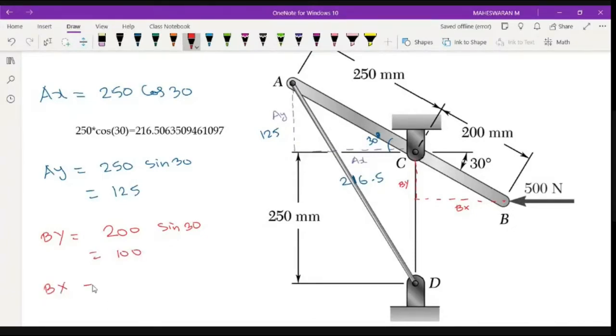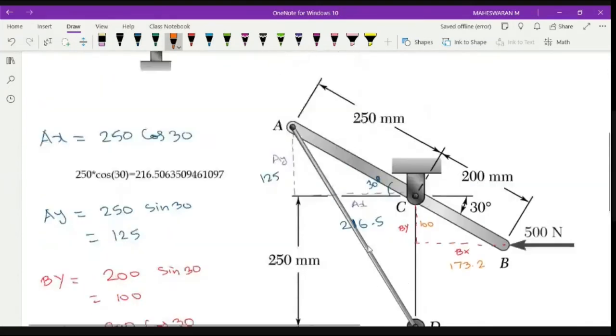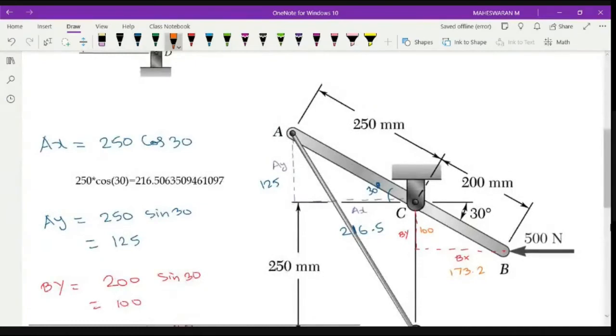Similarly, if I consider Bx, it will be 200 cos 30. So what will 200 cos 30 be? It is 173.2. So I got this value 173.2, and this is 100. Okay, so now I have resolved all my distances.